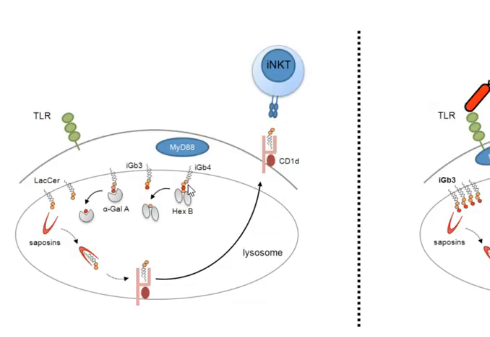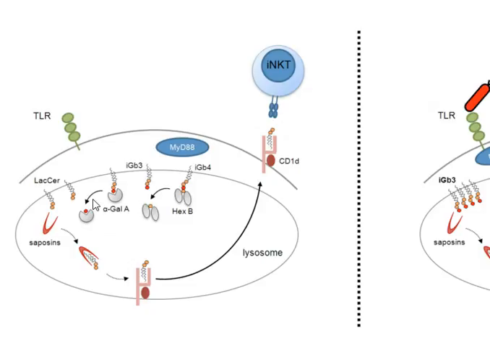There is an enzyme called lysosomal alpha-galactosidase A, so alpha-gal A. This enzyme will be digesting these lipids constantly. So we will always have lipids in CD1 that are not very stimulatory and are at low levels. Basically the enzyme digests these lipids the whole time.